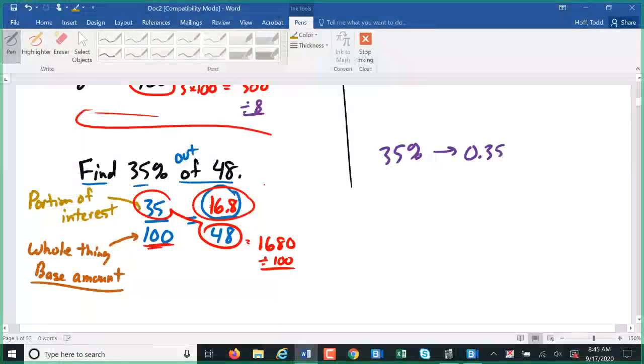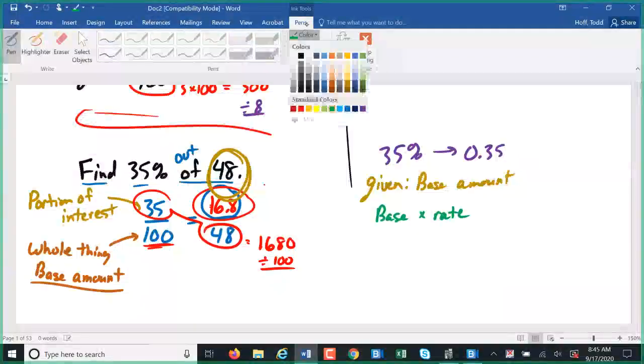The rest of the rate method depends on what other piece of information we are given. Here we are given the base amount. If we are given the base amount, we are going to do base times our rate.